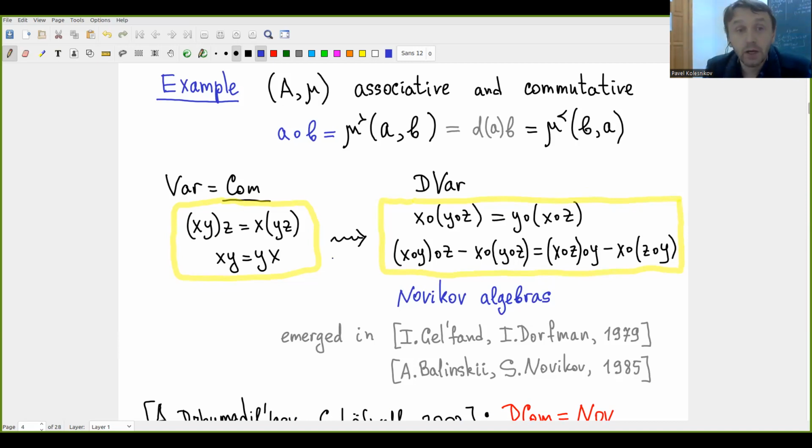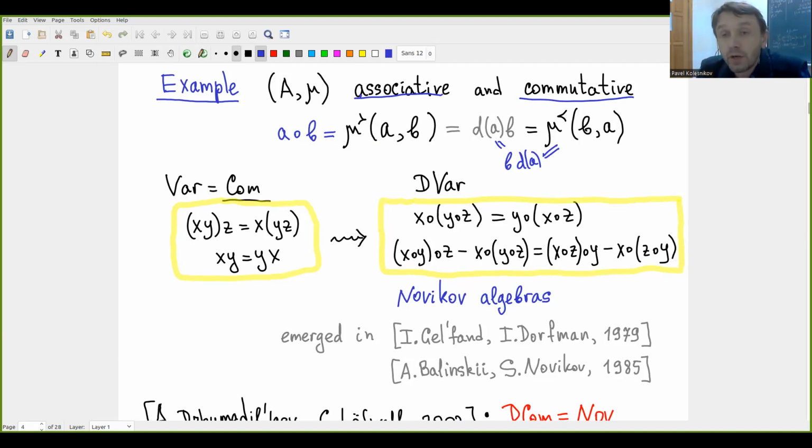So the variety var is the variety of both associative and commutative algebras. Then the left operation, mu left, is equal to dA of b, which is obviously the same as b times dA, which is the right operation applied to b and a.